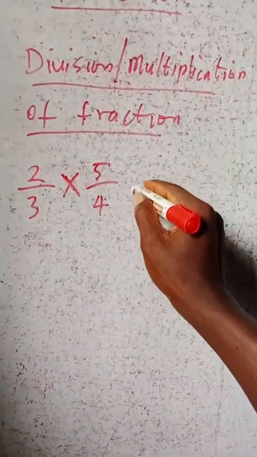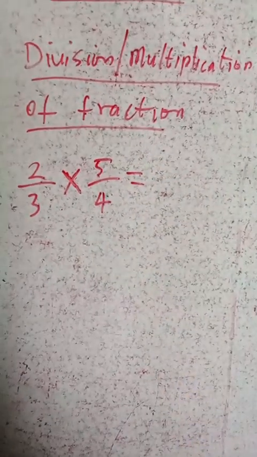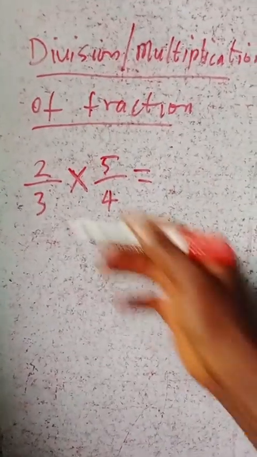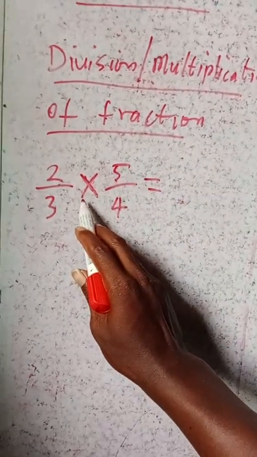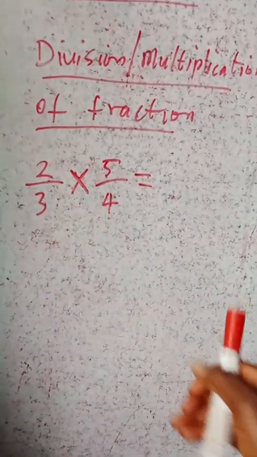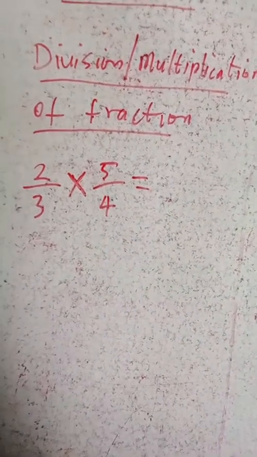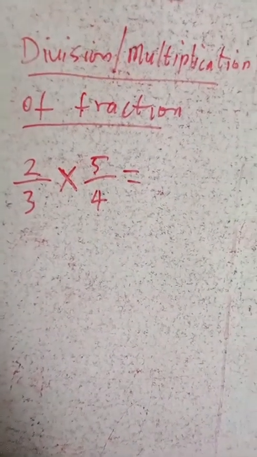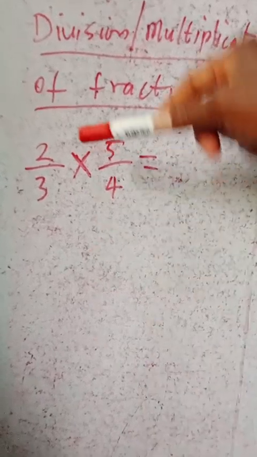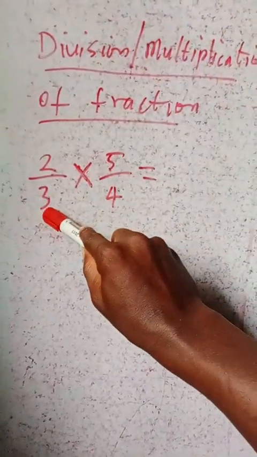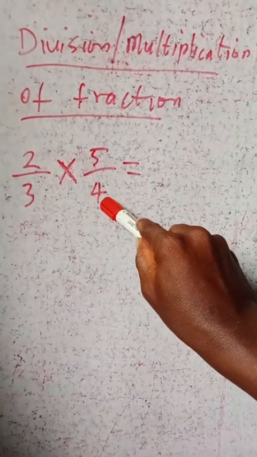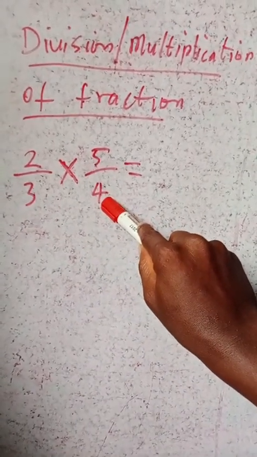Now this is a fraction, this is another fraction, but they are multiplying. In multiplication of fractions, the principle is, you multiply numerator to numerator, denominator to denominator. Okay, that is how we multiply fractions.